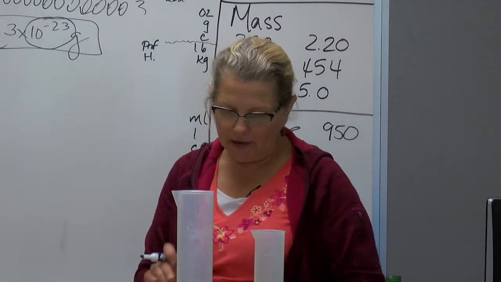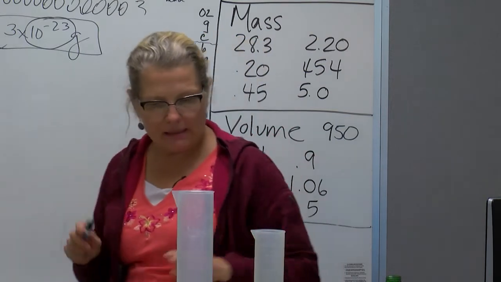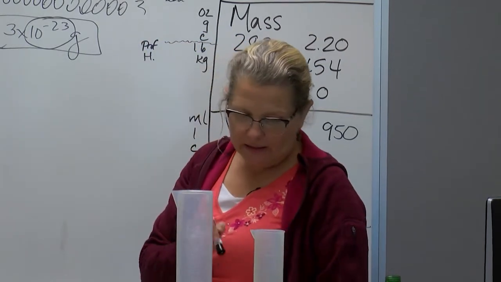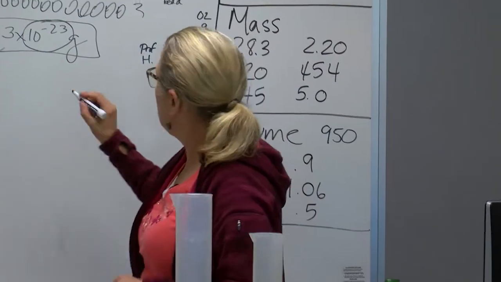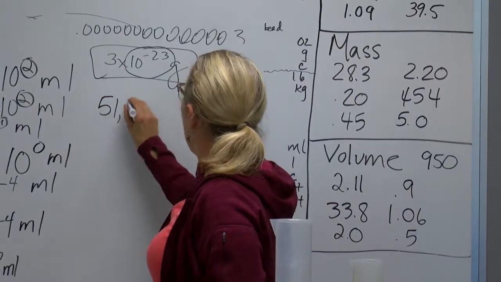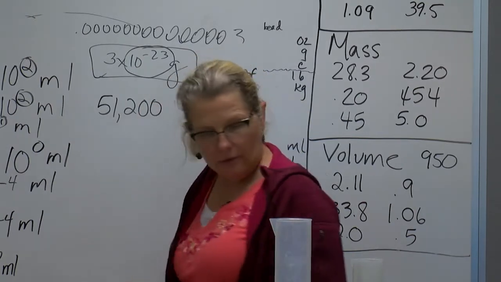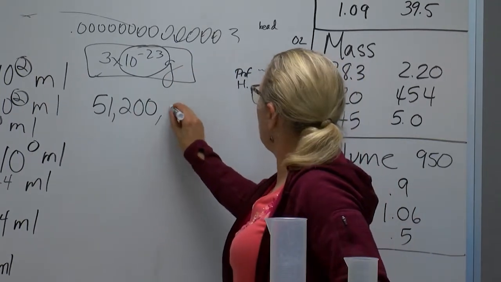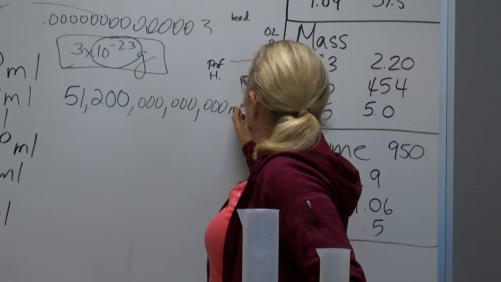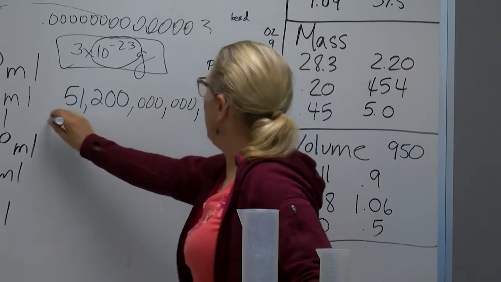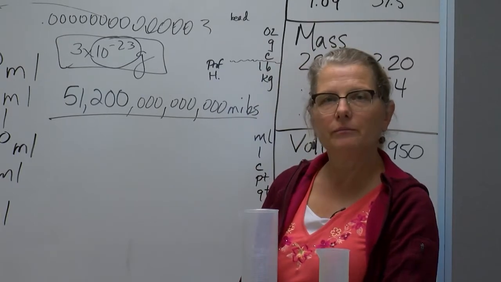Okay, so I found the mass one. So Sirius, the brightest star, is this many miles away, 51,200. This is how many miles away the star Sirius is.